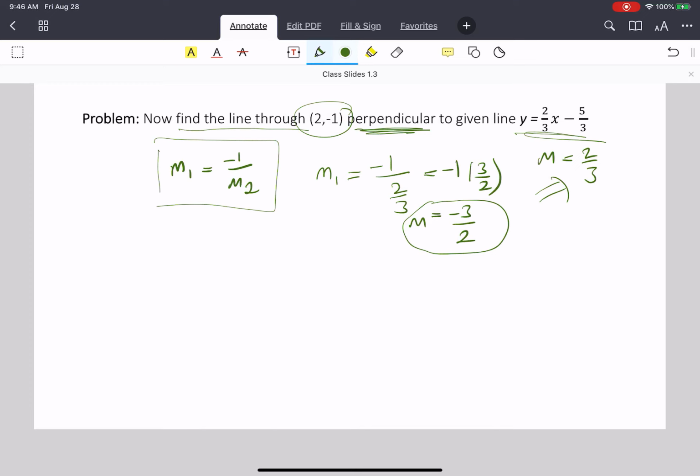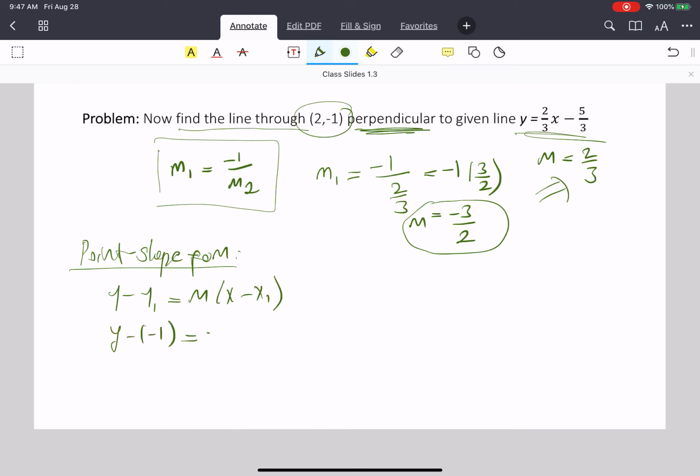Because it passes through the point 2 comma negative 1, we can again apply point-slope form: y minus y1 equals m times x minus x1. So y minus negative 1 equals negative 3 over 2 times x minus x1, and my x1 is 2. Then y plus 1 equals negative 3 over 2 times x minus 2.